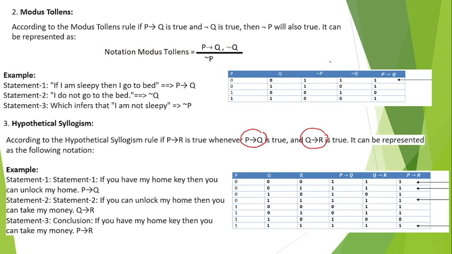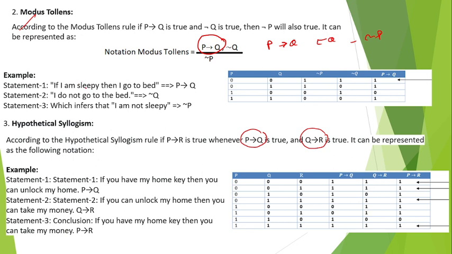Then another formula comes up, modus tollens. According to modus tollens, if P implies Q is true and the negation of Q is true, then the negation of P is also true. That's a simple statement.